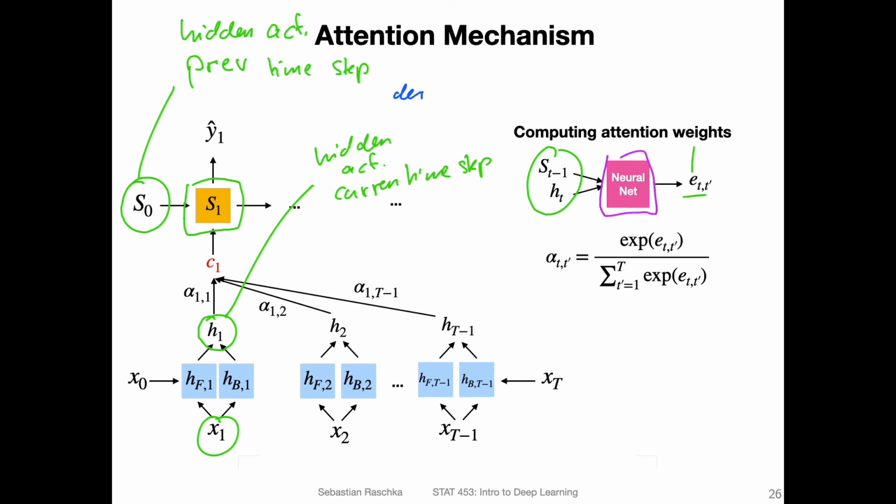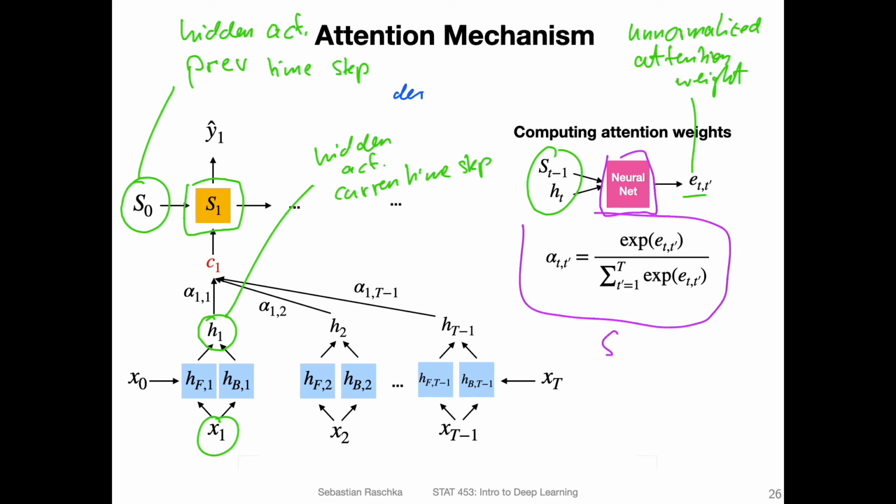This is our unnormalized attention weight, and this unnormalized attention weight is put through a softmax function to normalize it so that the attention weights sum up to 1, right?